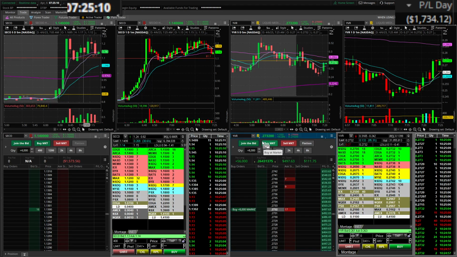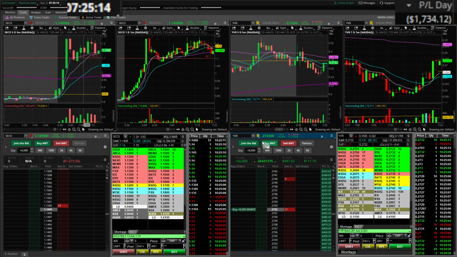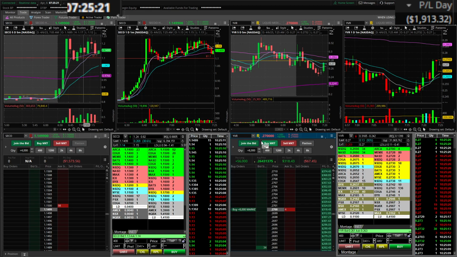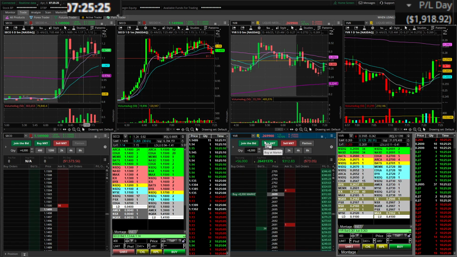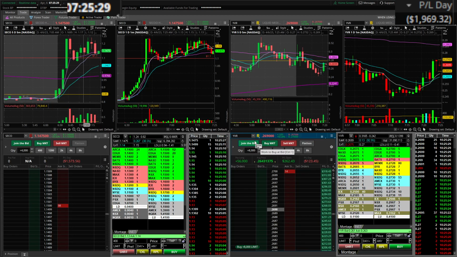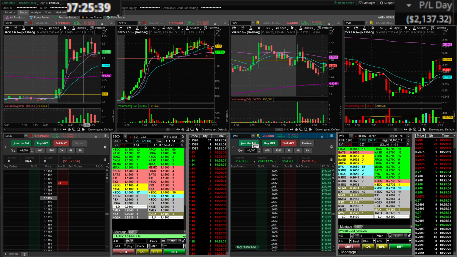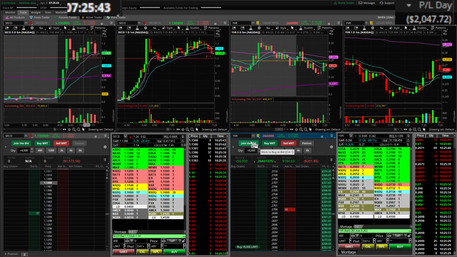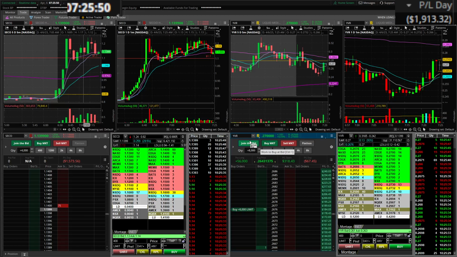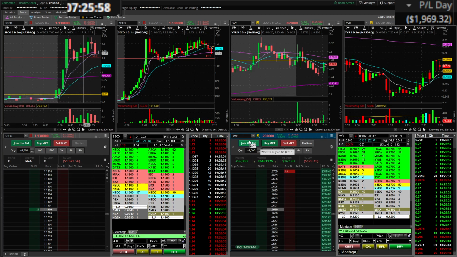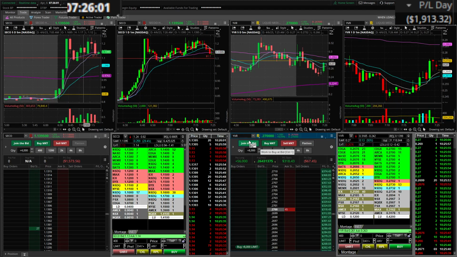Some resistance at 27.32. Looking towards 27.50. I like the low volume pullback.